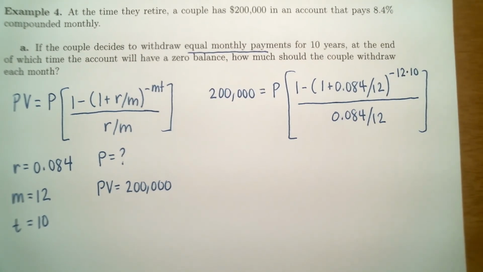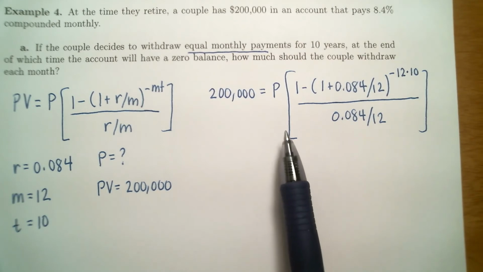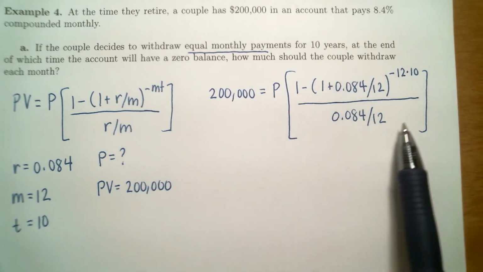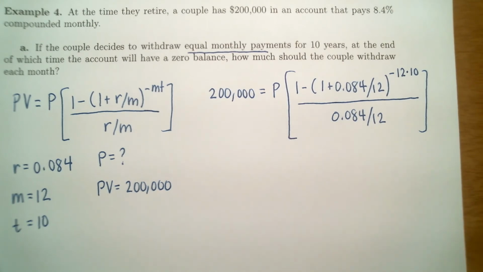We've got to solve for P. P is multiplied by this big thing in brackets. So the first thing we're going to do is figure out what that quantity is in brackets, and then we can go from there.